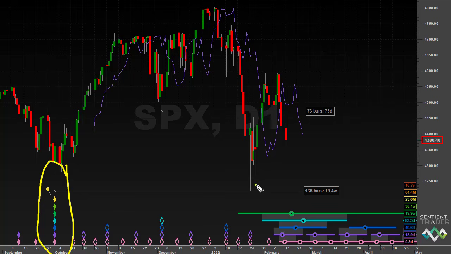And you can see that here is the trough on the 24th of January. Here is the whisker of the 20-week cycle, indicating that this possible trough over here formed at a time when it was reasonable for us to expect an early 20-week cycle to form.